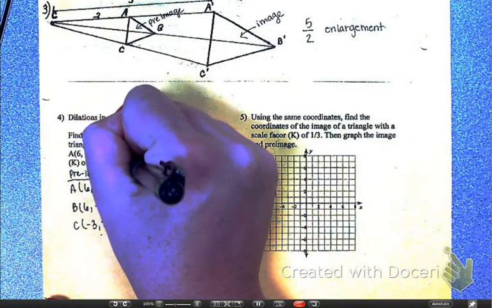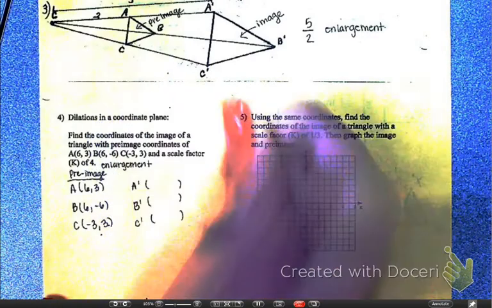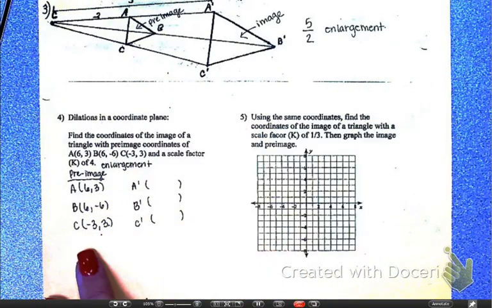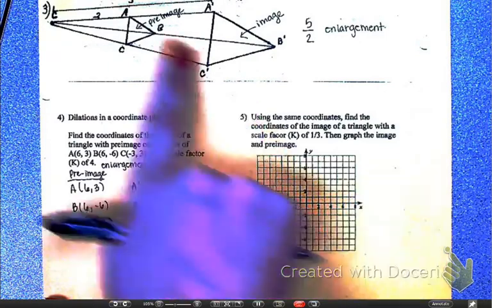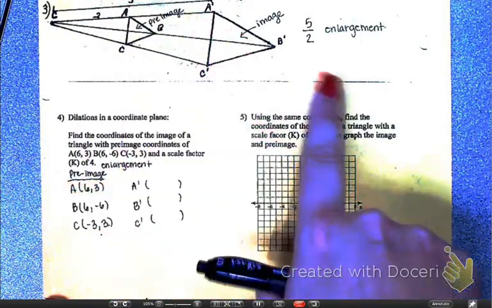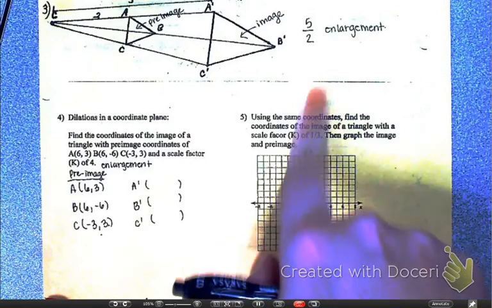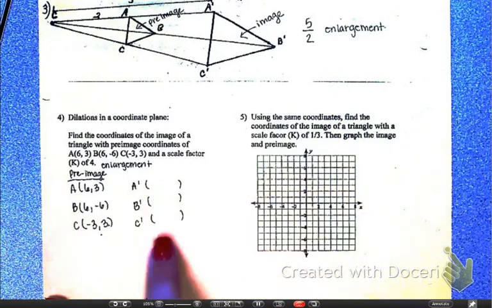If I were to graph, and I'm not going to do it for this one, we'll do it here. If I were to graph those 3 points, I'm going to have a triangle, and then when I find these new points, it's going to be a bigger triangle, right? So here we were already given side lengths and we found the scale factor. Now we're going to take the scale factor to find these points.